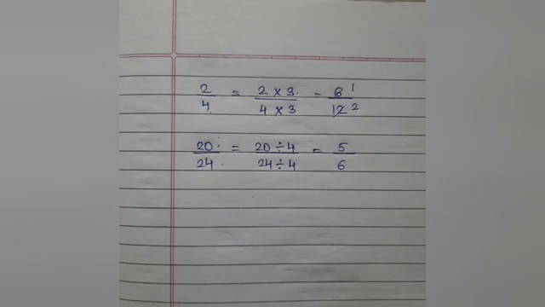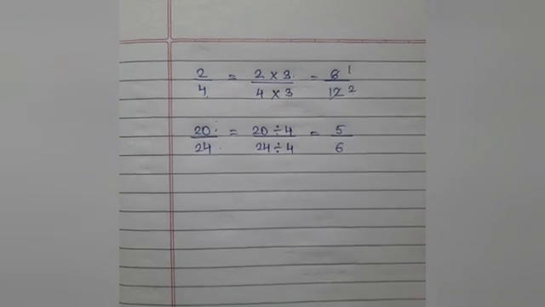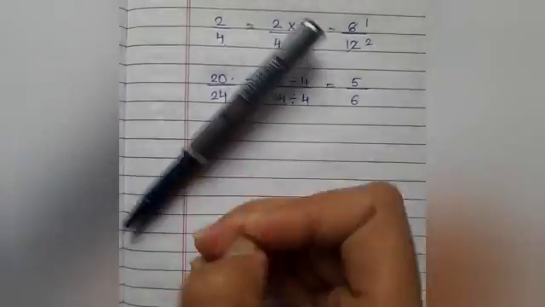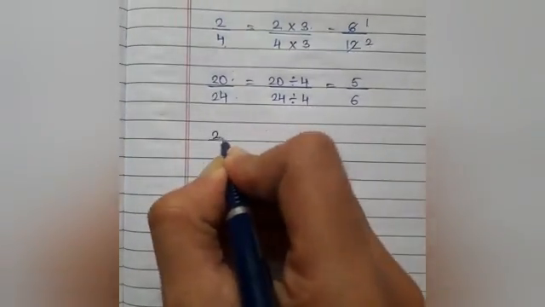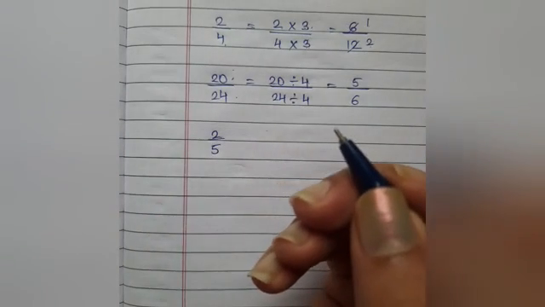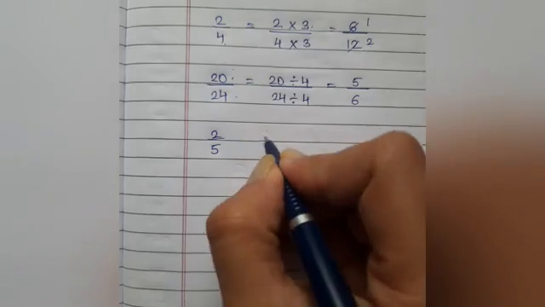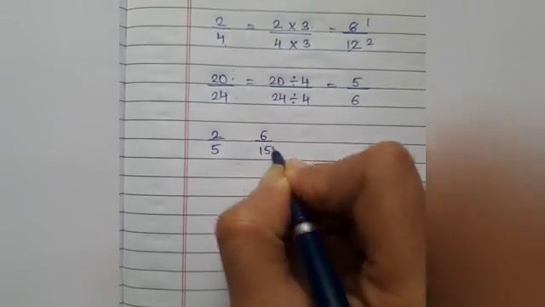We will take another example. Suppose we take the fractions 2 upon 5 and 6 upon 15.